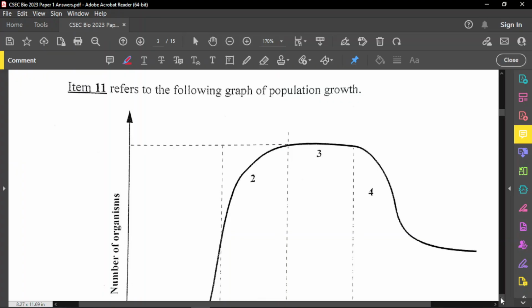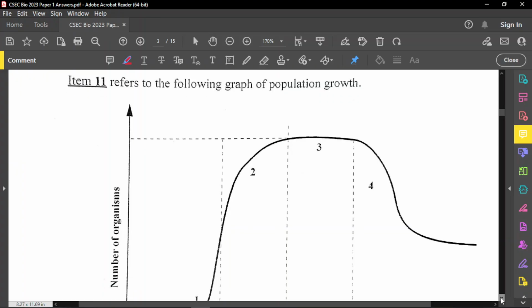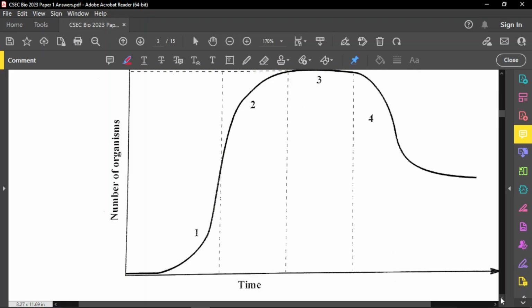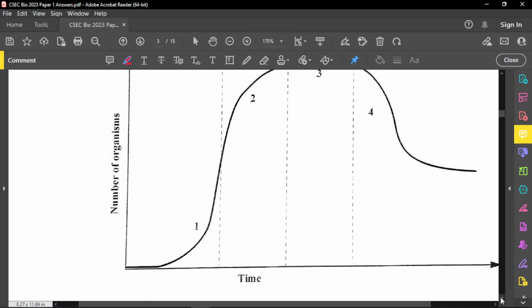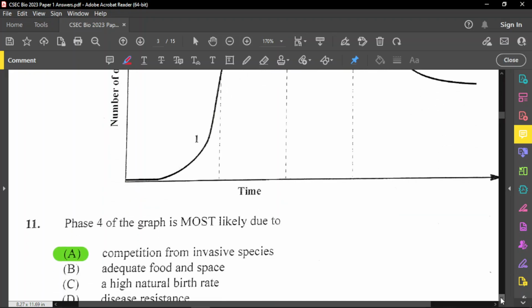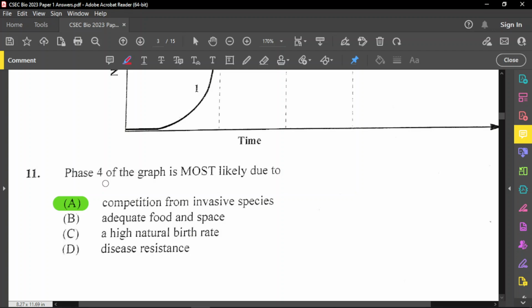Now, question number 11, item 11 refers to the following graph of population growth. If you observe the graph carefully, you see on the Y axis the number of organisms, and on the X axis you have time, and you can notice the curve of the graph there. The question reads, phase 4 of the graph is most likely due to what?